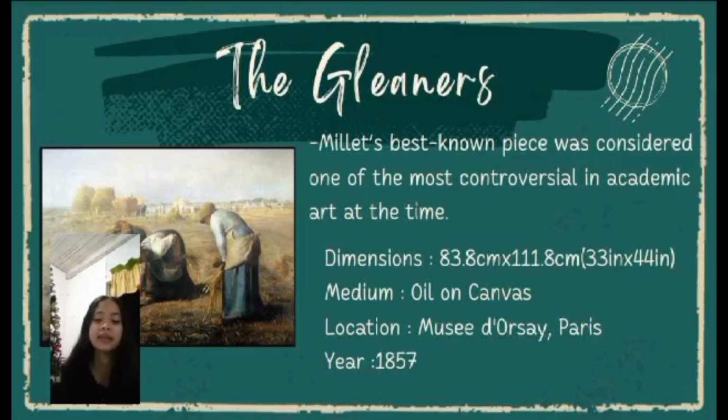The painting is characterized by its powerful statement about the realities of poverty and labor, and it is a testament to the resilience of the human spirit. Overall, The Gleaners was a popular work and it was praised for its realism.